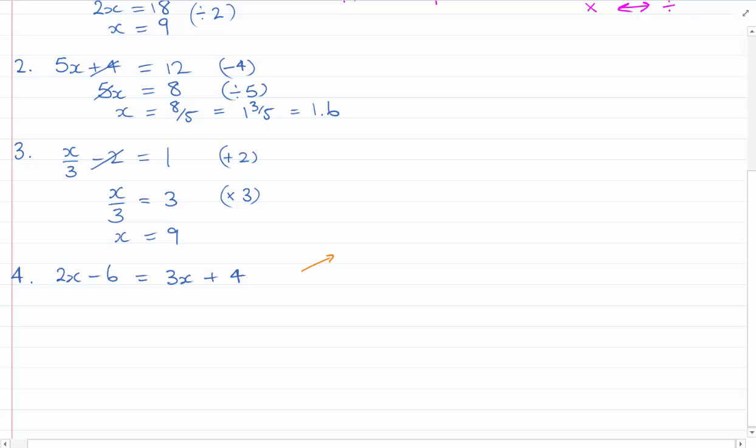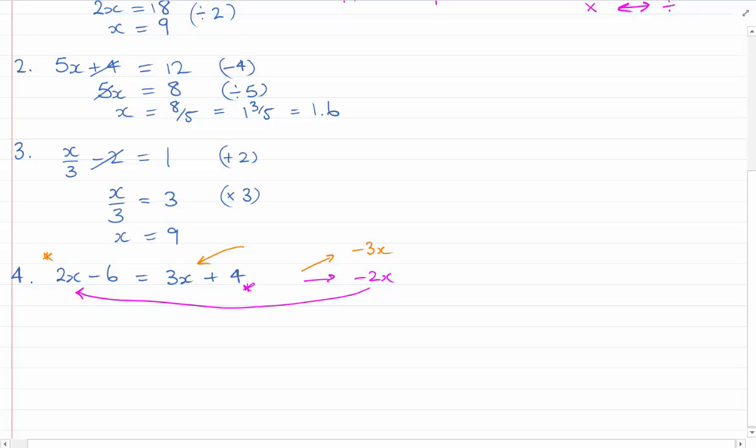I could either subtract 3x from both sides, which will cancel this 3x out, leaving only x's on this side of the equation, or I can subtract 2x from both sides, which will cancel the 2x out here, leaving only x's on this side of the equation.